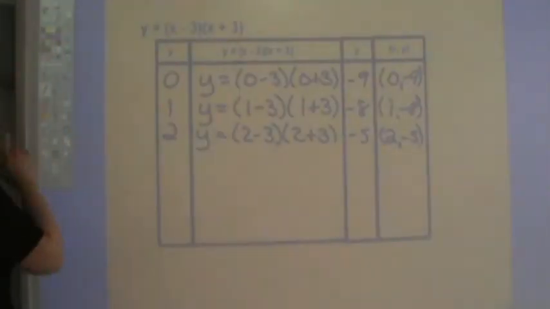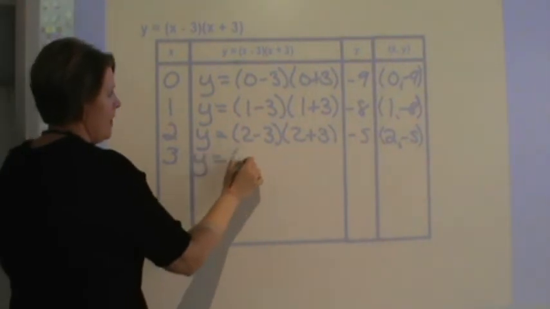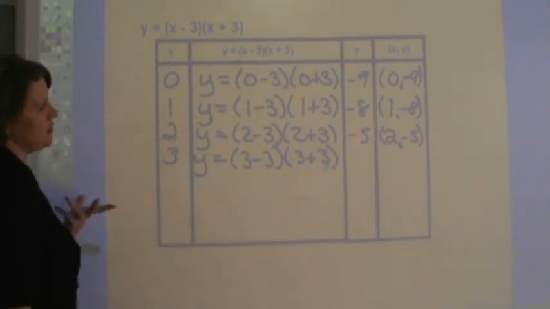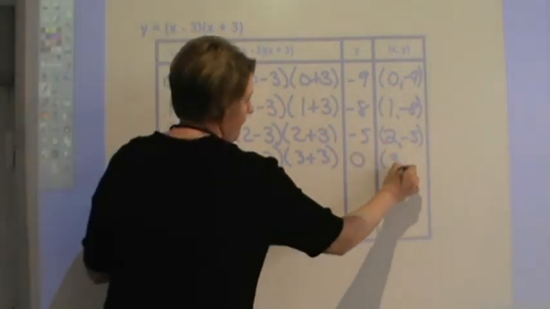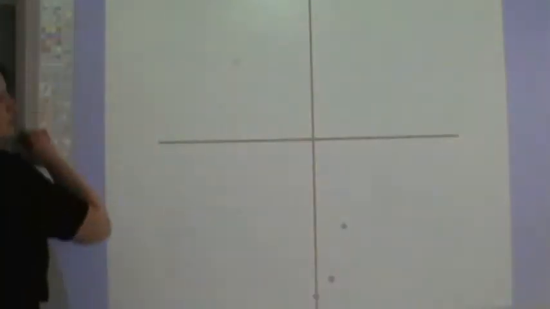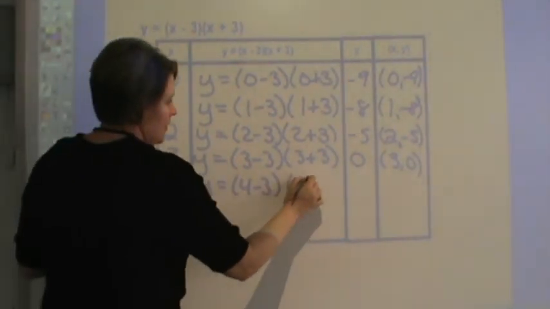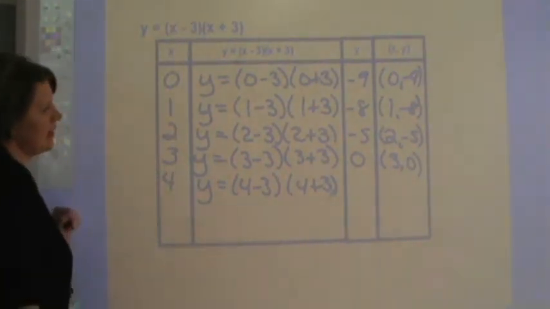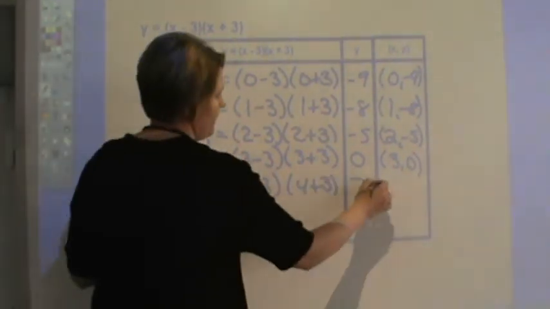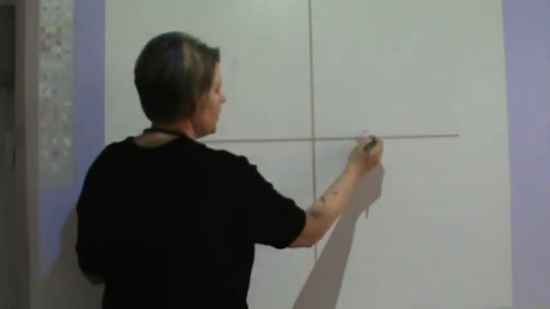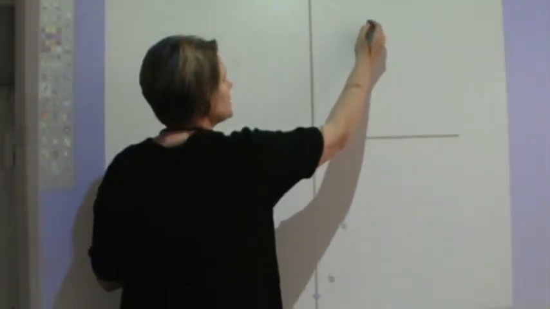Okay, and then let's try 3. So 3 minus 3 is 0. 0 times anything, 0. So 3, 0. Alright, and let's do 4 just for fun. Alright, so 4 plus 3 is 7, times 1 is 7. 1, 2, 3, 4, 1, 2, 3, 4, 5, 6, 7.